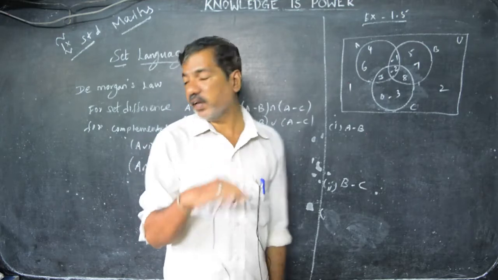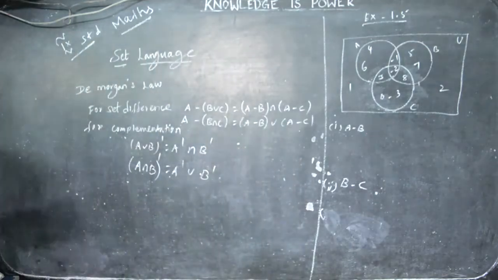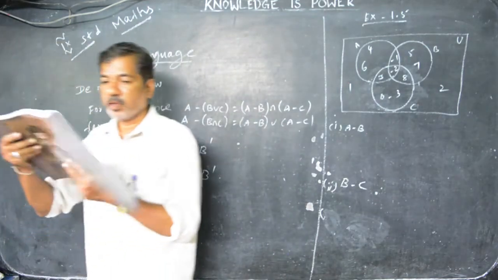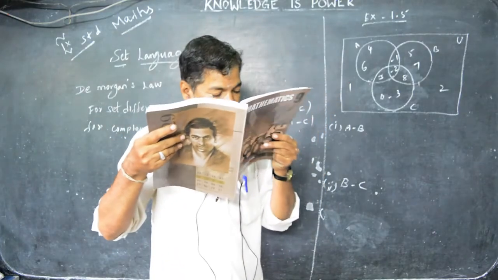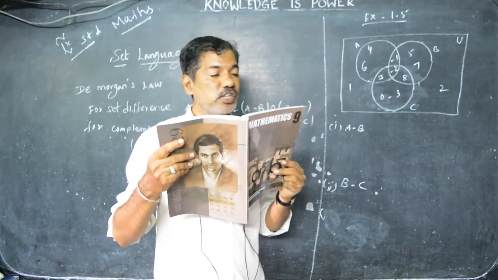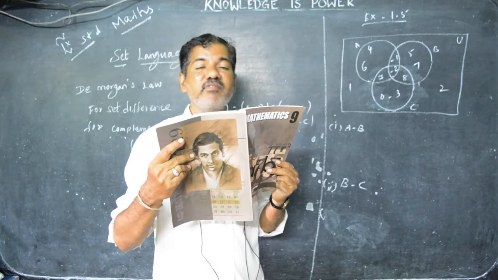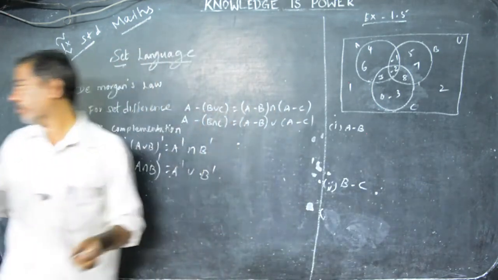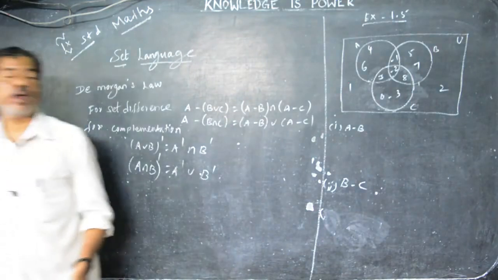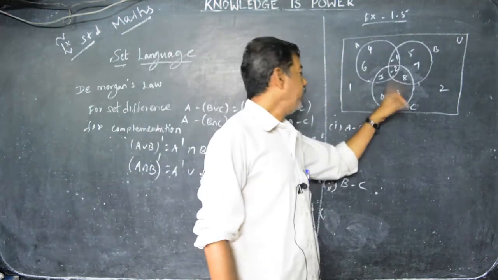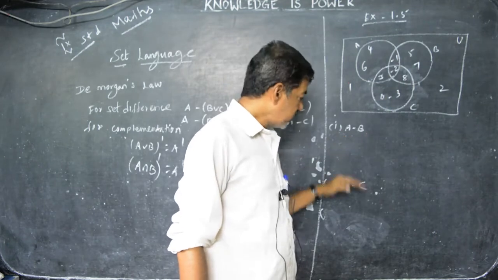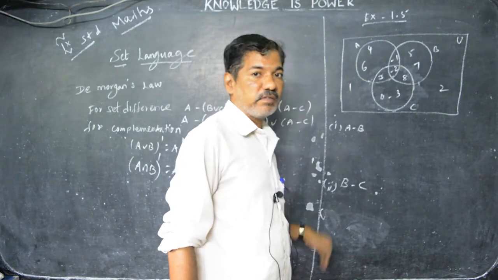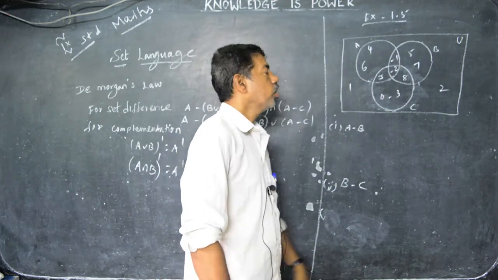The textbook has given it in the question itself, so I'll tell the page number. Exercise 1.5, page number 28. The first question: using the adjacent Venn diagram, find the following sets. Can you identify that? So find the following things. The first one I have written, the second one I have written. Next we will proceed based on the question.